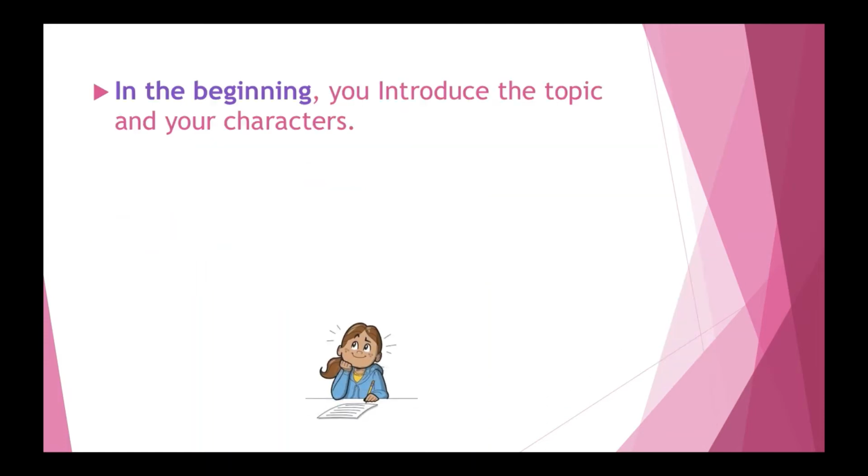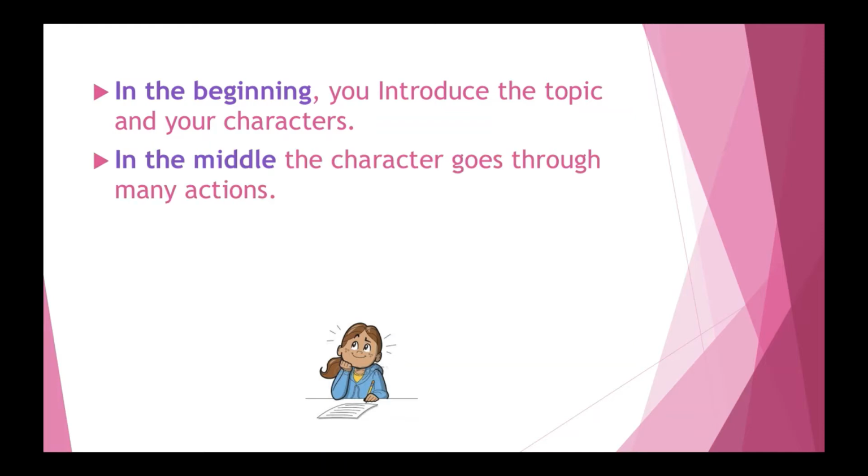Let's take a closer look at the procedure. In the beginning, you introduce your topic and your characters. In the middle, you say what happened first, what happened next, and what happened last. Remember to always use transition words when moving to the next event.